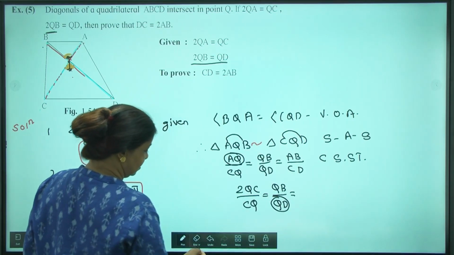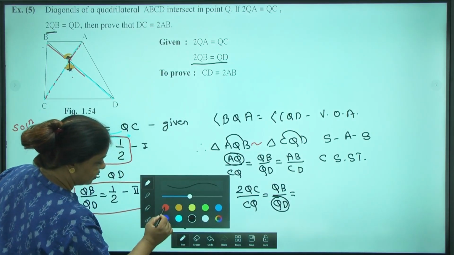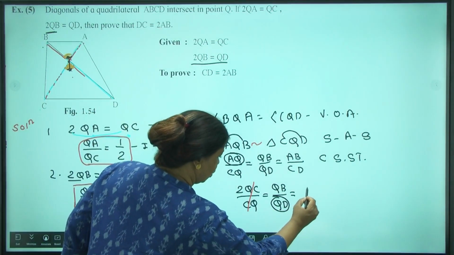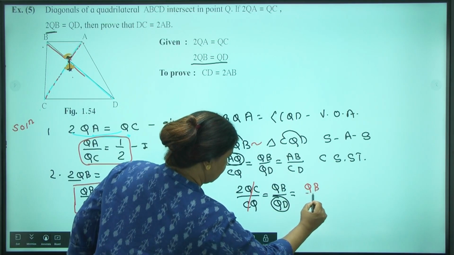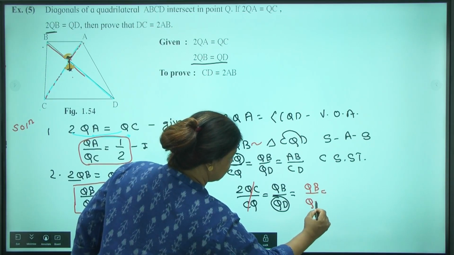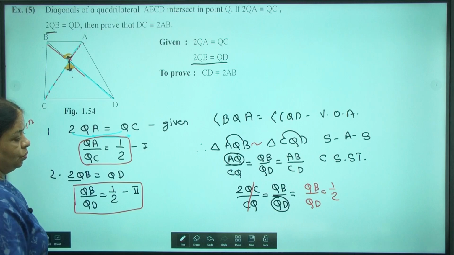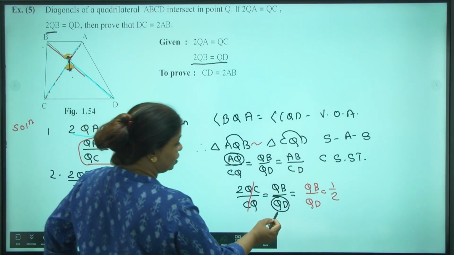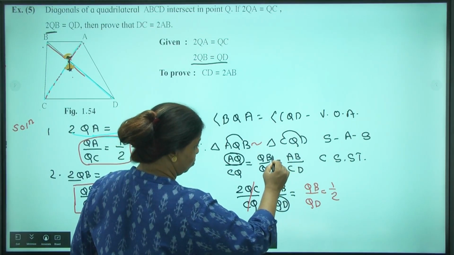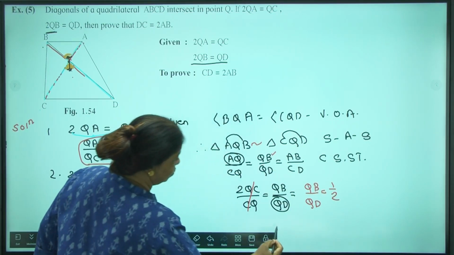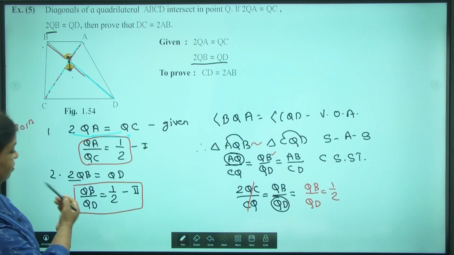Let's first take this. We can cancel it. This 2 can be cancelled, and we will be getting QB upon QD as 1 upon 2. So QB upon QD is 1 upon 2. Let us place the value over here. So QB upon QD is already 1 upon 2.